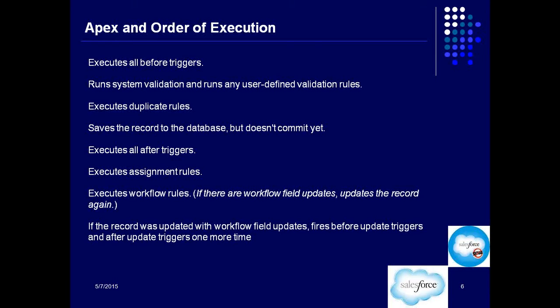If the record was updated with the workflow field update, then because the record is being updated again, it fires before update triggers and after update triggers one more time. So the before update trigger, not before insert but before update trigger, will be fired once again, and the after update trigger will also be fired once again. All right, because an update is happening, which is logical.